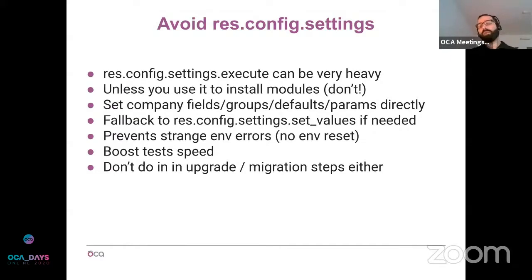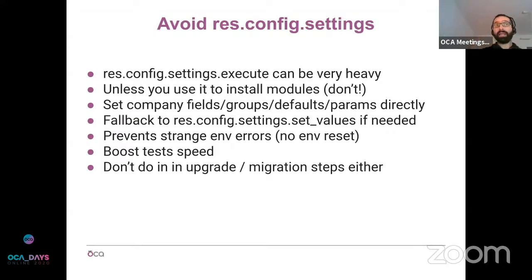Unless you use it to install a module, you know that it has some flag like module underscore and the module name that is going to trigger the installation. But don't do that. If you have to install a module just for your test, just install it. It's much clearer for the end user what you're doing, it's more explicit, and you don't need to call the execute machinery of the res.config.settings.